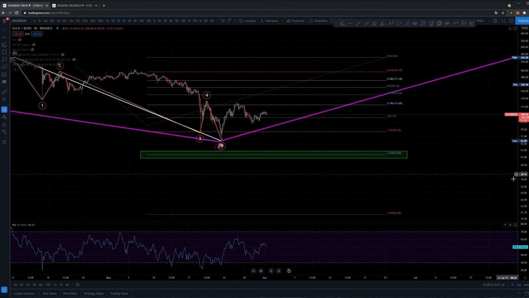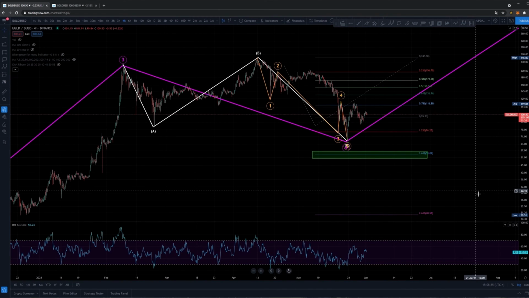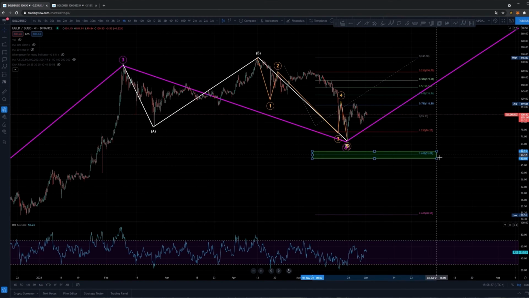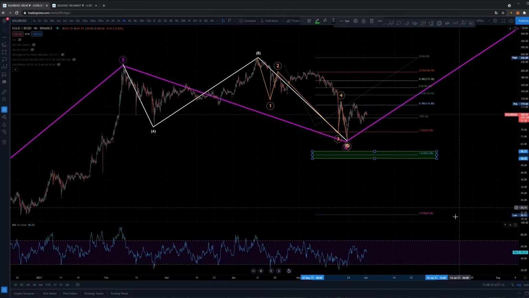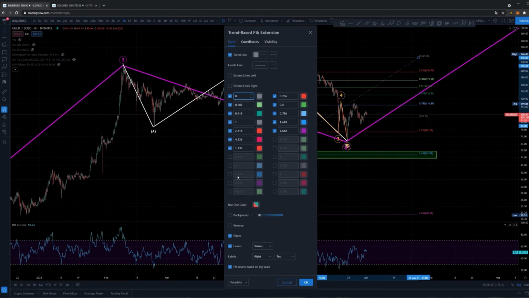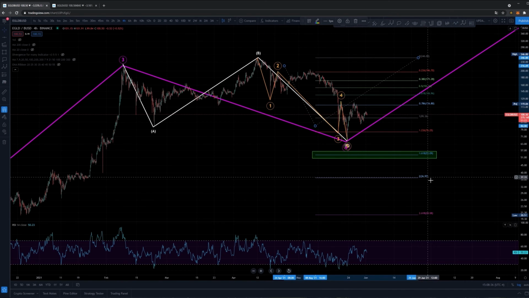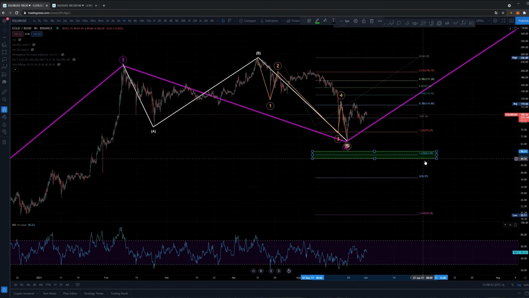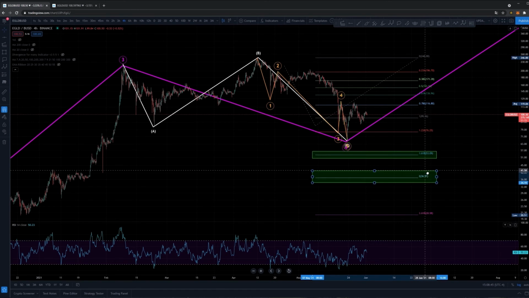Those are the two most probable targets, but for sure it is possible that the C wave can retrace to the 2.0, which is at 36.97 and at 20.58, but we'll be very, very surprised if we go there.